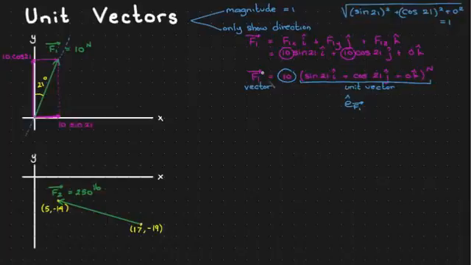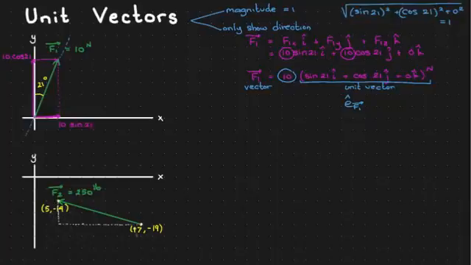Well, let's try vector F2. Vector F2, the magnitude is 250. Its initial position is at 17, negative 19, and its final position is now at 5, negative 14. If I am interested in finding the x distance as well as the y distance from initial to final, all I'd have to do is look at the two coordinates.